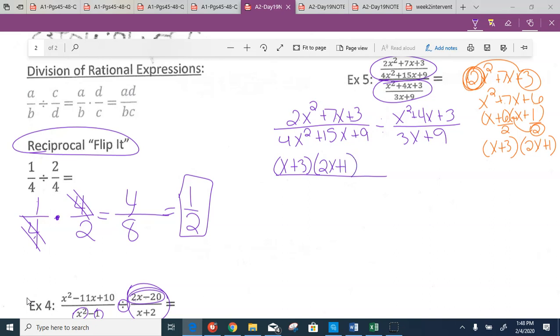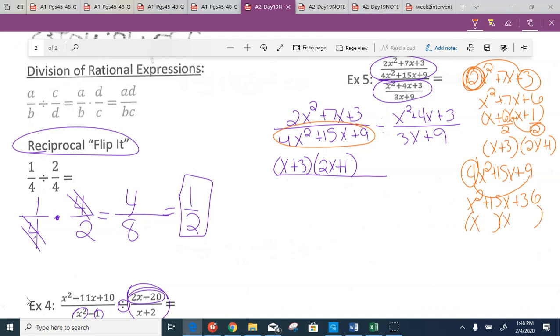Now I'm going to go ahead and do the same exact process to the bottom, to the denominator, to this fraction right here. So I have 4x squared plus 15x plus 9. I do the 4 times 9. It gives me x squared plus 15x plus 36. Factor this out.